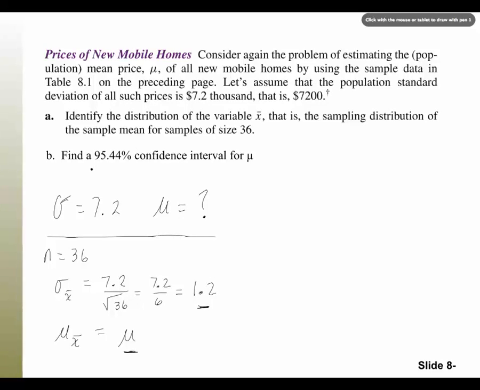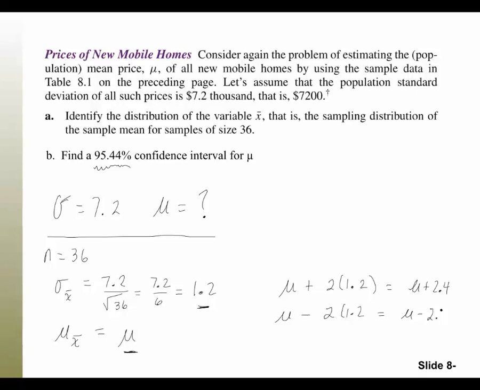We're saying a 95.44 percent confidence interval would be how many standard deviations above and below? 2. So we'd have mu plus 2 times 1.2 and mu minus 2 times 1.2, or mu plus 2.4 and mu minus 2.4.